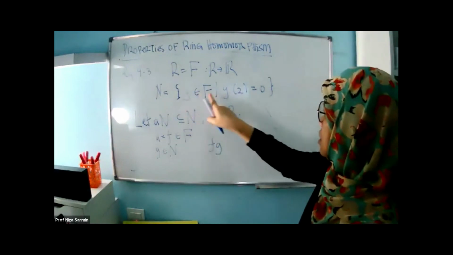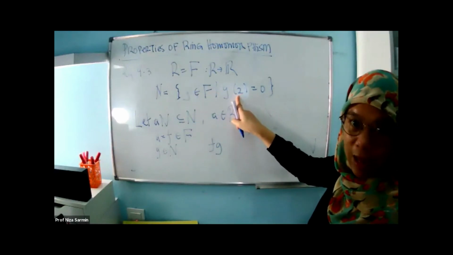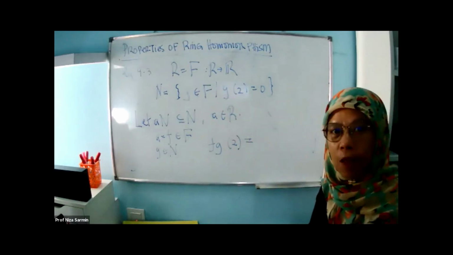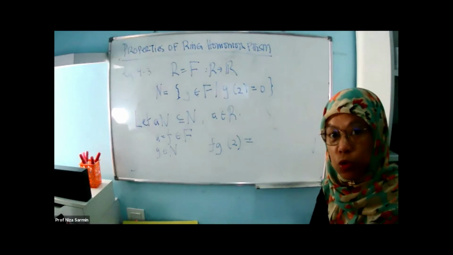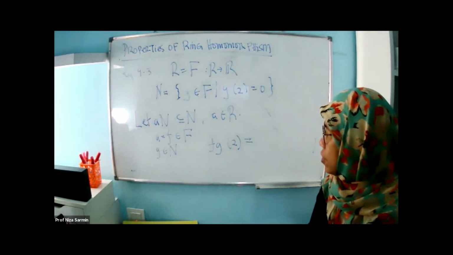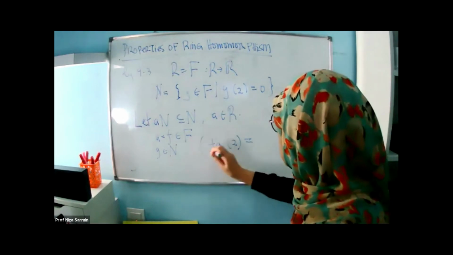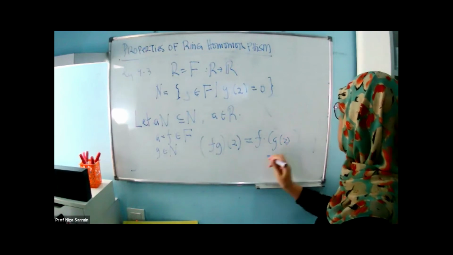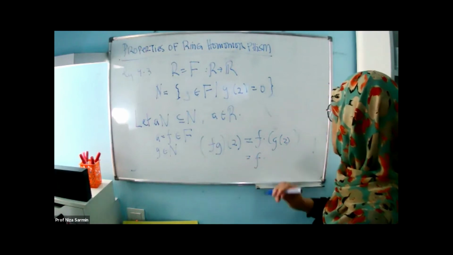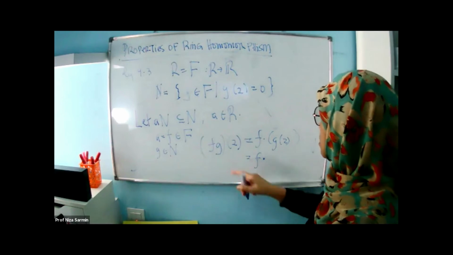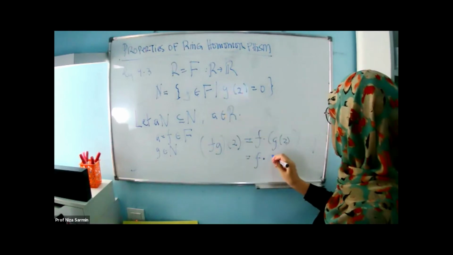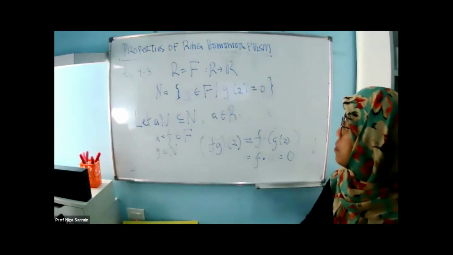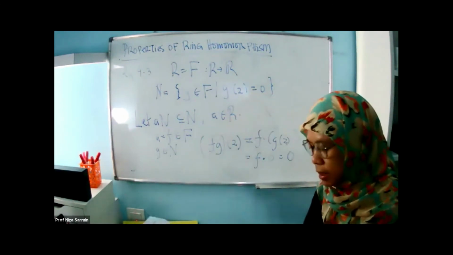To show it is in here or not, you take the value at 2. Then what you have to show is equal to 0. But f of g of 2 is f of 2 times g of 2, and g of 2 is 0. So it's equal to 0.